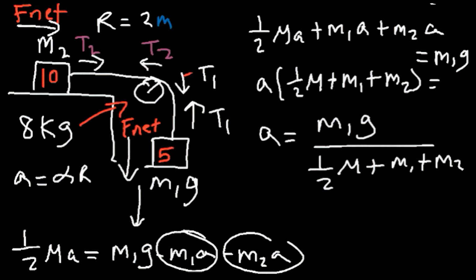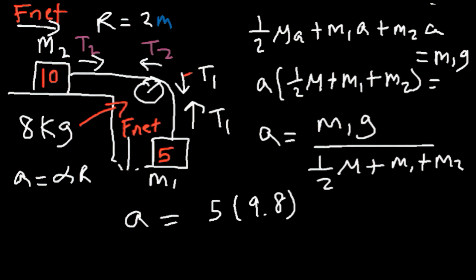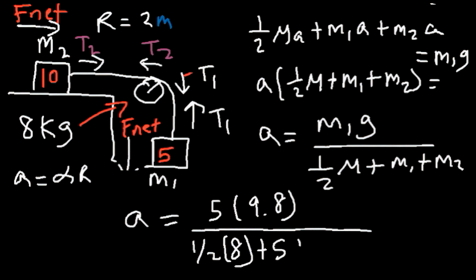So let's calculate the acceleration. m1 is the 5 kilogram block. The mass of the pulley is 8 kilograms, and m2 is 10.